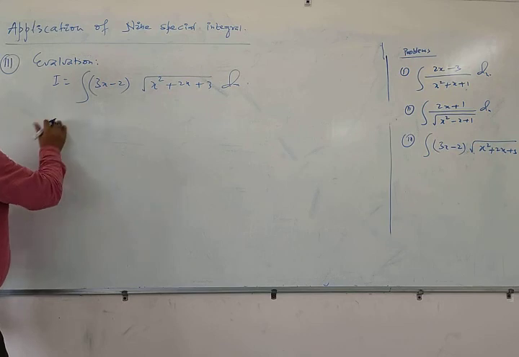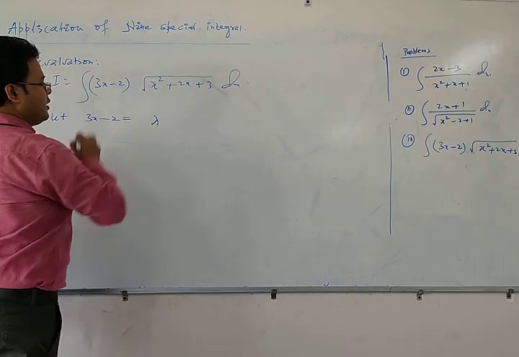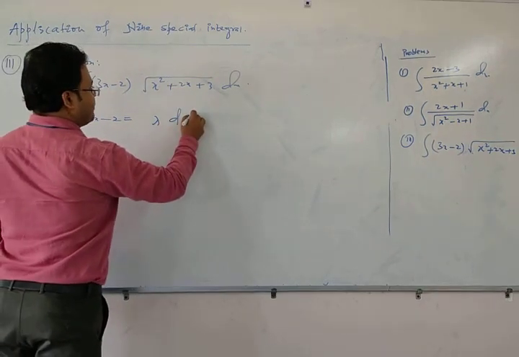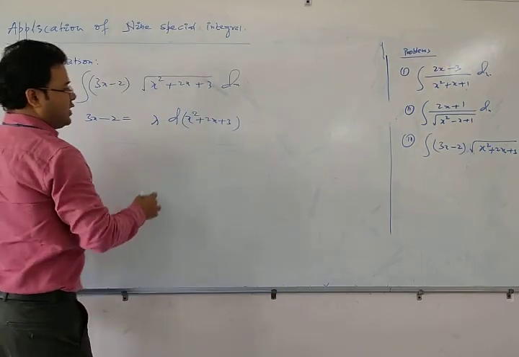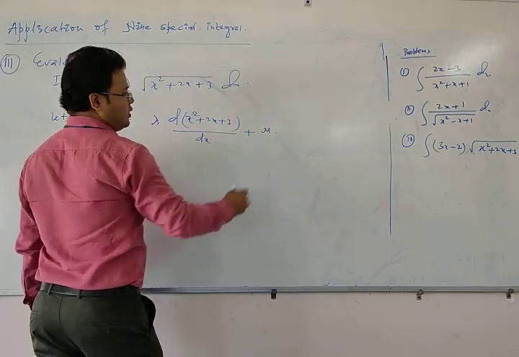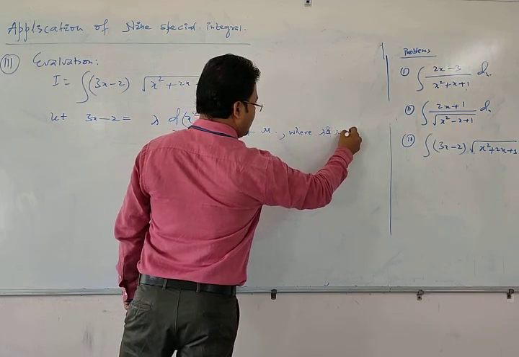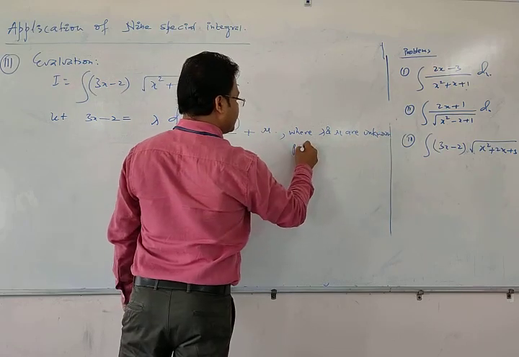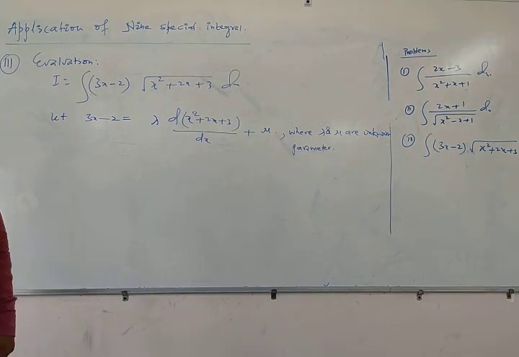So likewise, let 3x minus 2 is equal to lambda times the differentiation of the quadratic expression, meaning the differentiation of x square plus 2x plus 3 with respect to x, plus a constant term mu. Here lambda and mu are unknown parameters; in place of parameter you can also say constant.